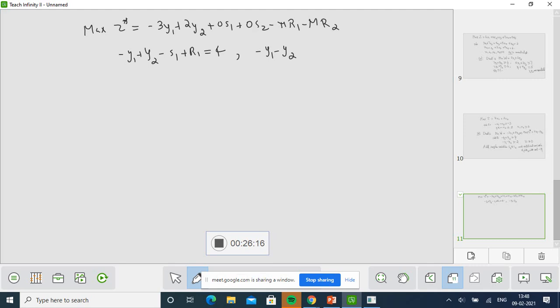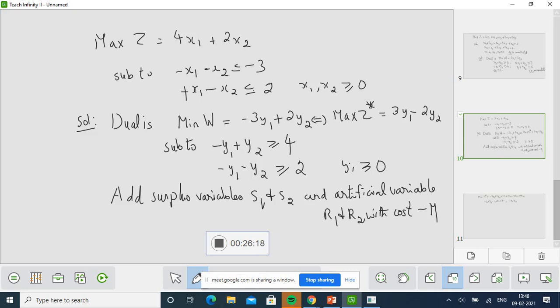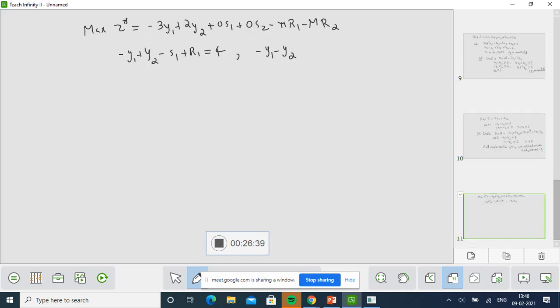I have minus 3y1 plus 2y2. Minimization of this is max of the negative. What did I write? This should be 3y1 minus 2y2.